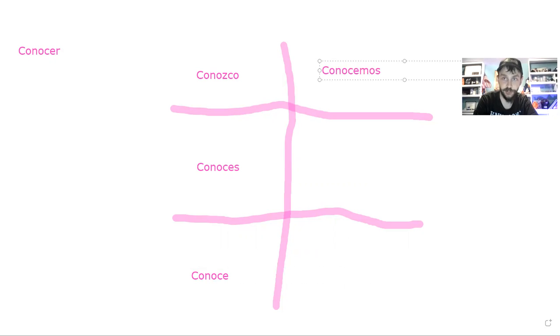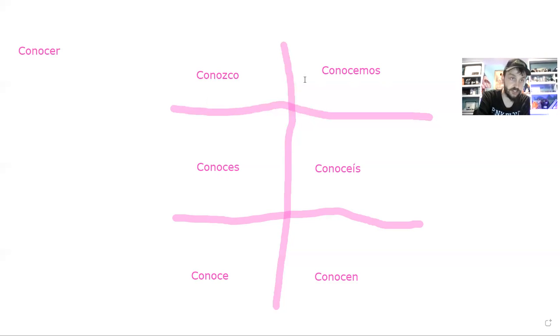I almost said comemos. Apologies there. Vosotros, vosotras, conocéis. Ellos, ellas y ustedes conocen. See that? It does kind of get a little trickier when it has an irregularity in the yo form. Wait until we get into saber.